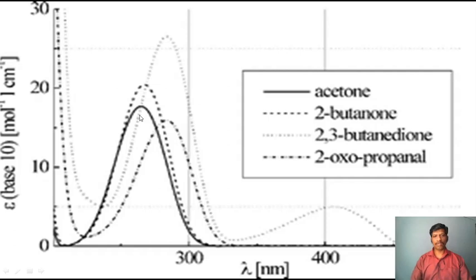If you take acetone and 2-oxopropanol aldehyde, you get a bathochromic shift. Here also you can get a hyperchromic shift from oxanol to butadienone. You have higher intensity. This is what you can study. So the same ketone absorbs at a different range, that you have to understand.